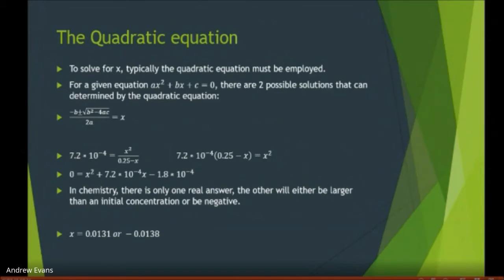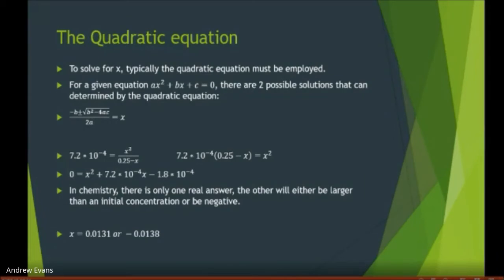In math, both numbers would be valid. However, we're dealing with real concentrations. There's always going to be a possibility that's either going to be negative. Can you have a negative concentration? The answer should be no. Or the concentration is going to be too large, meaning you're going to have more material than what you started with. Since I started with 0.25 molar, there is no way to get more than 0.25 molar worth of H plus or F minus.